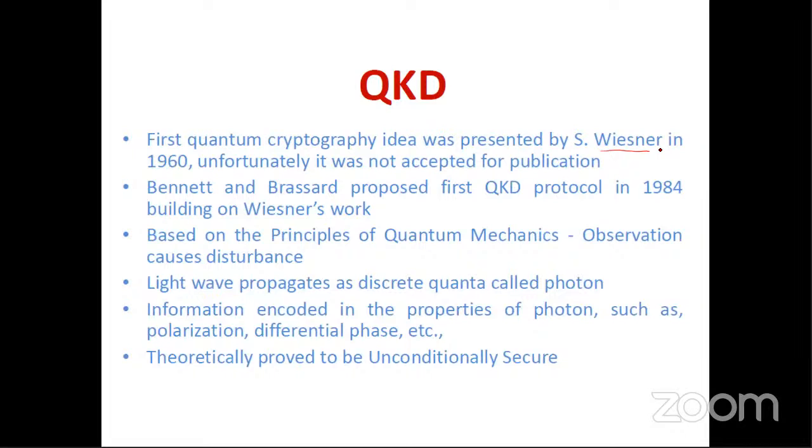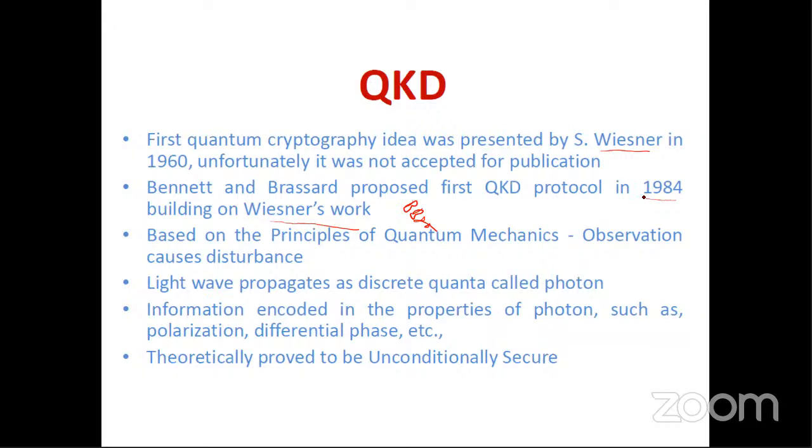But at that time it was not accepted because the reviewers were not able to understand the protocol. But later on, in 1984, Bennett and Brassard proposed the first QKD protocol based on this work of Wiesner only. So Wiesner was doing some work which was rejected for publication, but they worked on that work and then proposed this protocol, which is called BB84 based on their names.